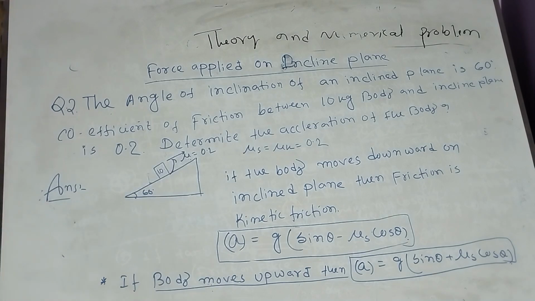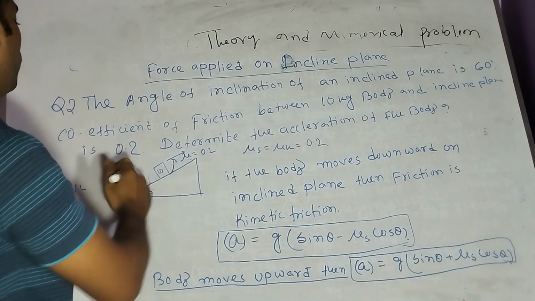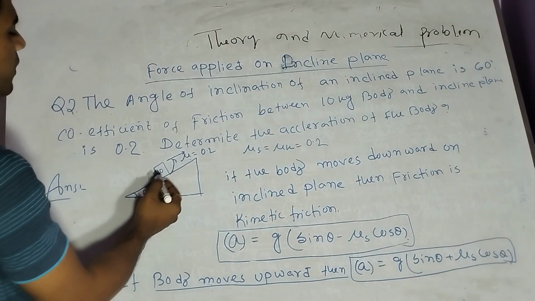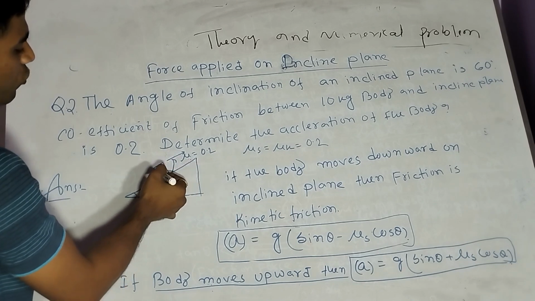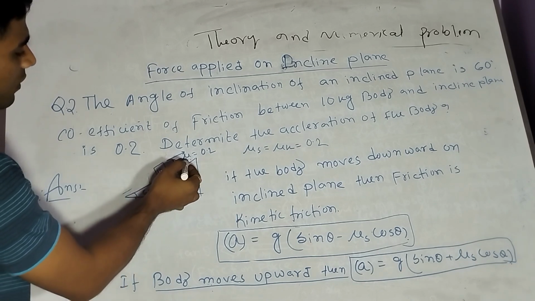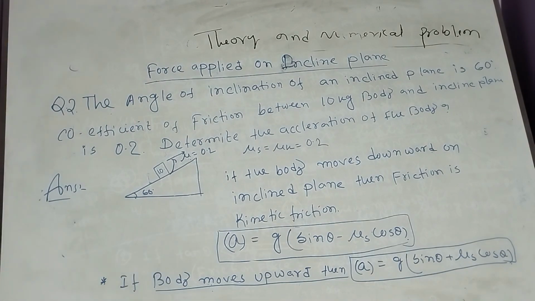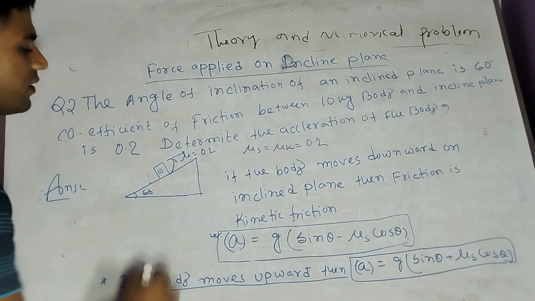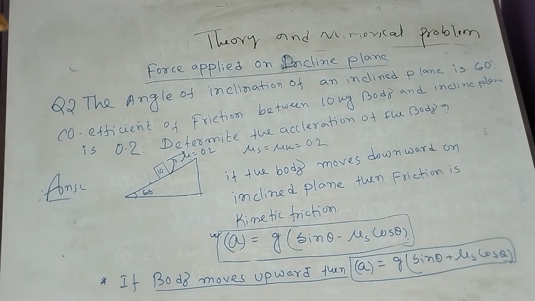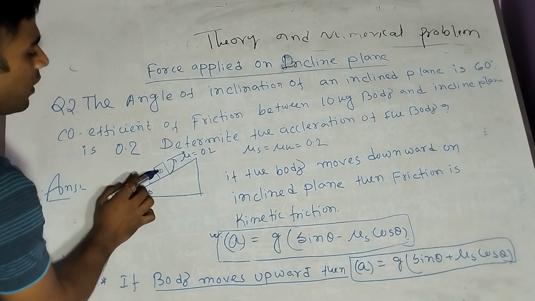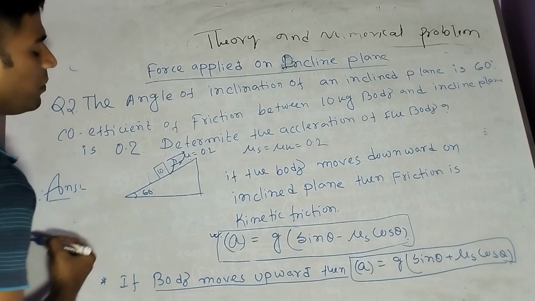According to this question, the acceleration of the body is in kinetic friction. Kinetic friction means the body moves downward, slipping down on the inclined plane. So the acceleration can be found with this equation. The body moving upward is not possible.